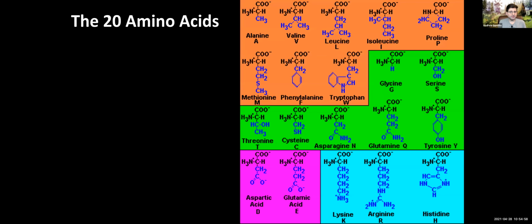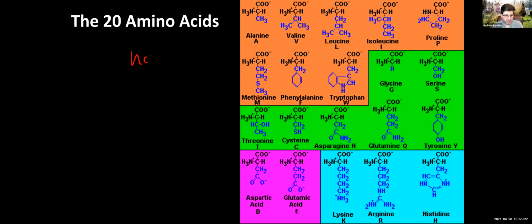Here are the 20 amino acids as a reminder. Okay, see the different color codings? You can see that there are different families of amino acids. Different people divvy this up in different ways depending on who's in charge. So you could see here, these are acidic, these are alkaline, these are polar, these are non-polar. That's the easiest way.